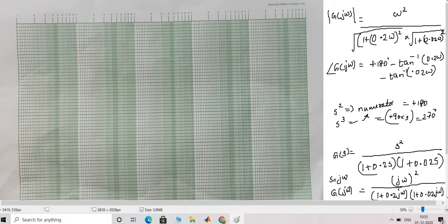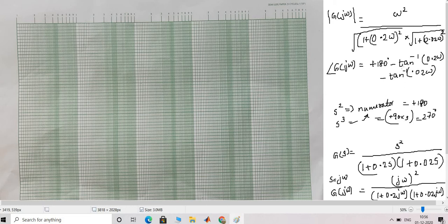The two poles, represented by the first order terms 1 + 0.2s and 1 + 0.02s, contribute a maximum phase angle of −180. So the total phase angle will be +180 − 180, that is 0.